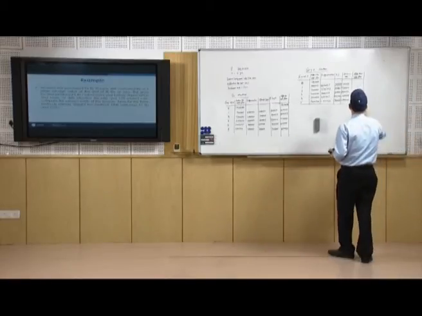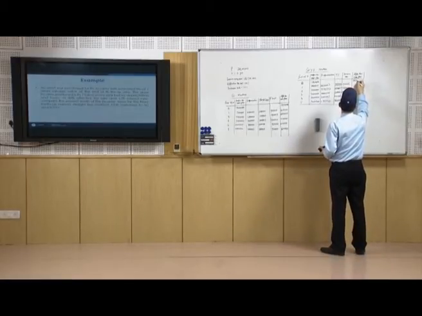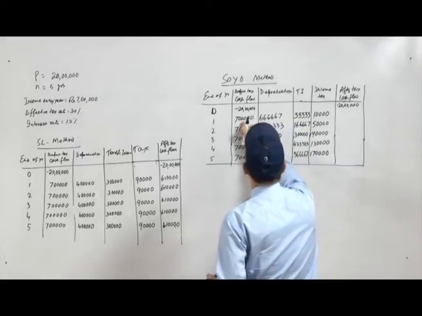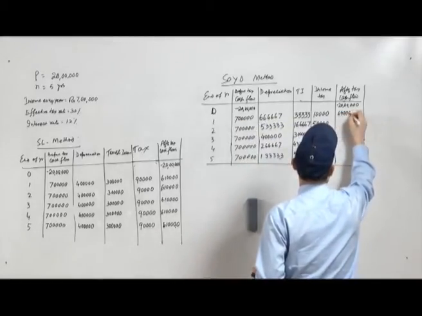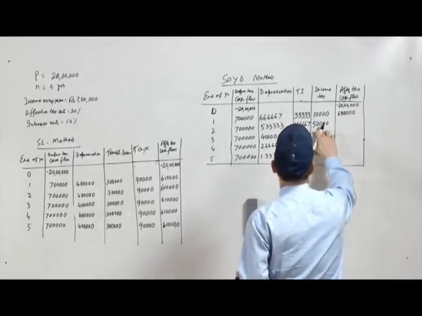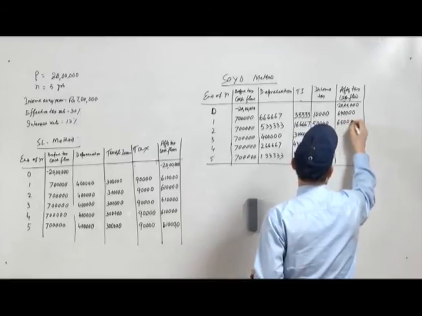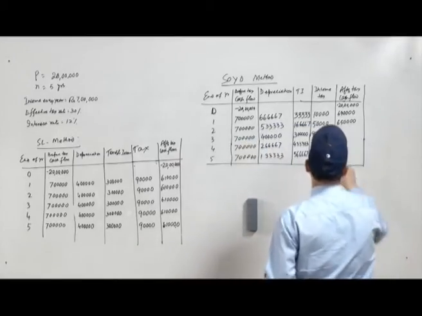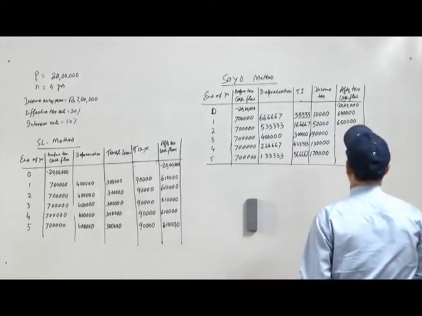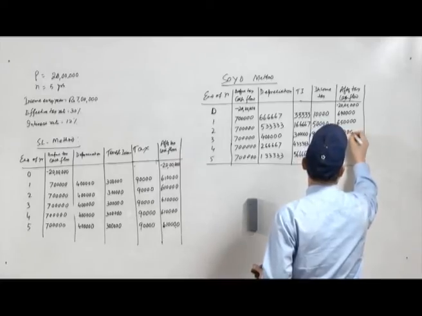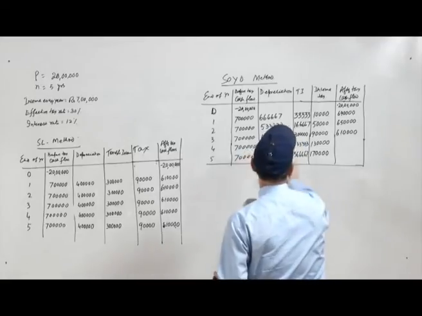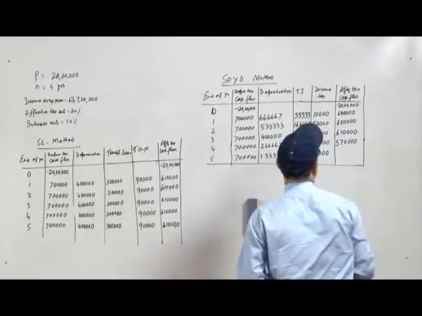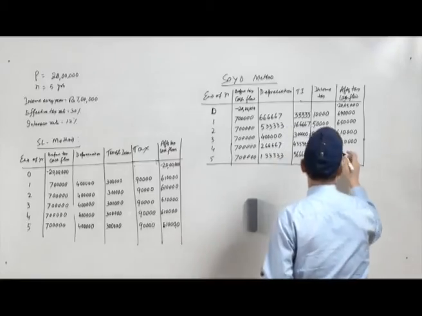Then the after tax cash flow will be shown as minus 20 lakh, and now your income will be 7 lakh minus 10,000, so 6 lakh 90,000; 7 lakh minus 50,000, so 6 lakh 50,000; 7 lakh minus 90,000, so 6 lakh 10,000; 7 lakh minus 1,30,000, so 5 lakh 70,000; and 7 lakh minus 1,70,000, so 5 lakh 30,000.